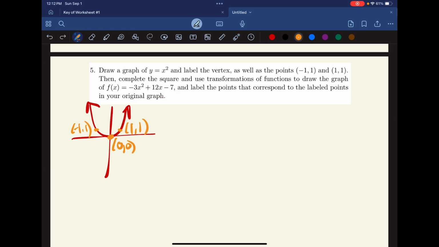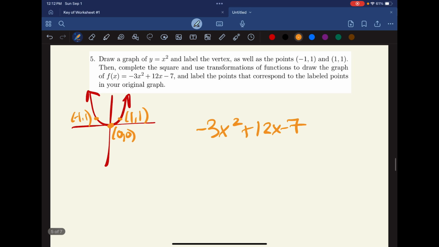And you complete the square by, well, first you set the whole thing equal to 0. Then you get rid of your constant term by moving it to the other side. So we'll add 7 to both sides to get the negative 7 to cancel out on the left.